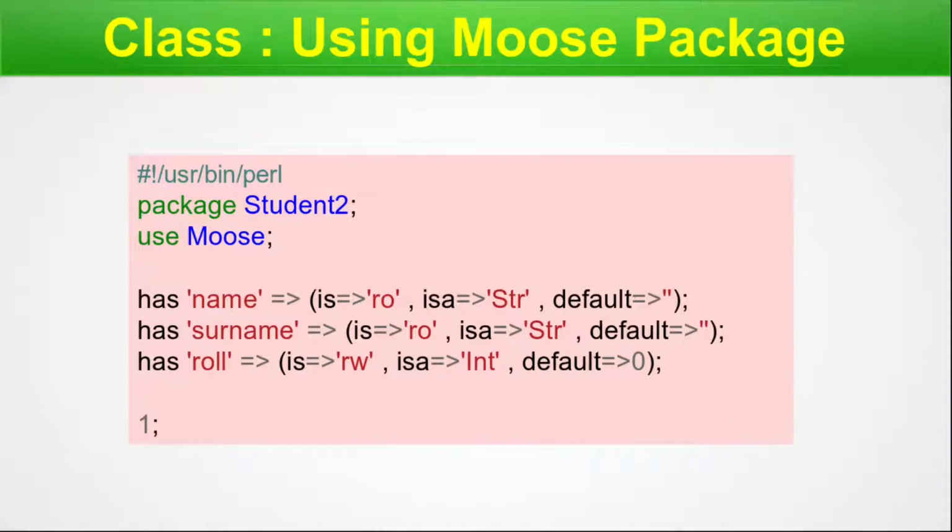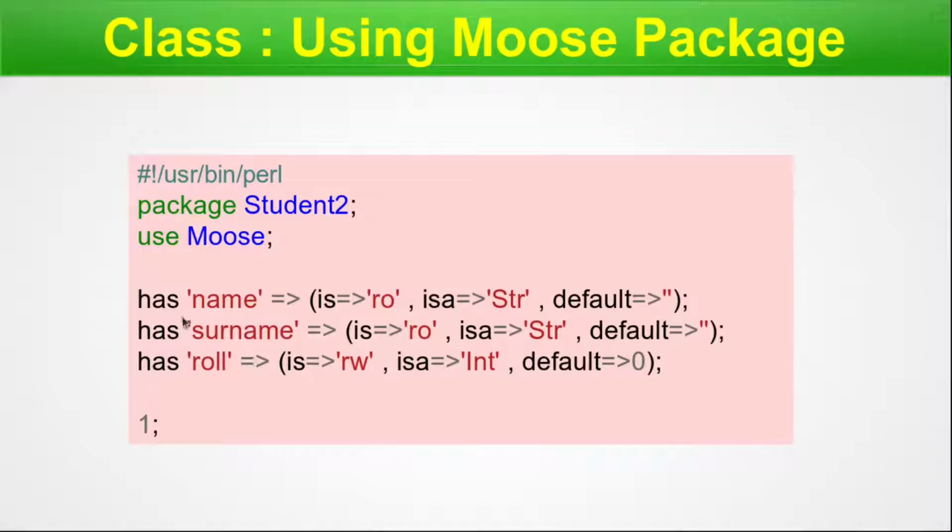Now let me bring my mouse pointer and explain what is what. This is a class and it has name. Name is ro, is a Str, and default is nothing. This is two single quotes, not a double quote.